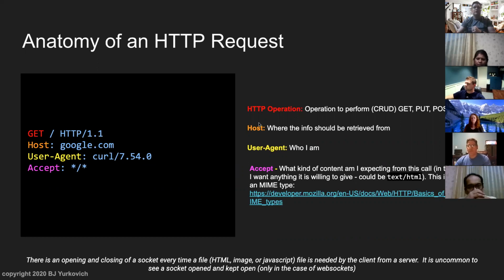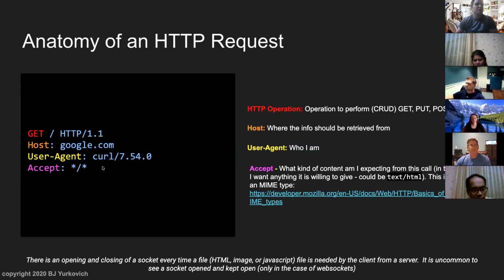And so when we talk about an HTTP operation, you structure a string, a header of GET, and the version of HTTP, this is 1.1. Say what host, I'm going to want to do Google. My user agent, which is, in this case, I'll say it's curl. Curl is a command line utility for doing HTTP requests.